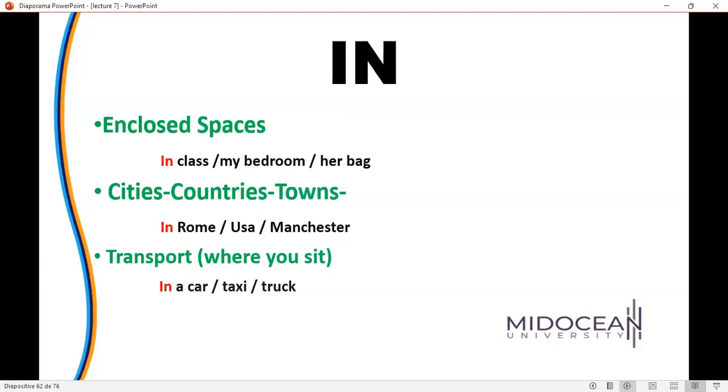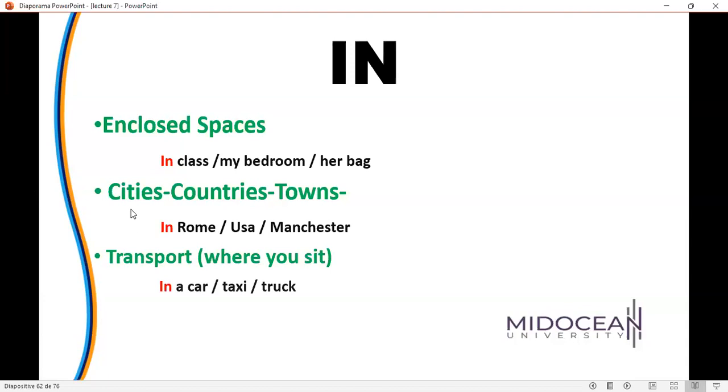Next, preposition in. So we use it, of course, for example, when we talk about enclosed spaces. Example, in class, in my bedroom, in her bag, in the kitchen, okay, in the living room. So all of these are enclosed spaces. Okay.